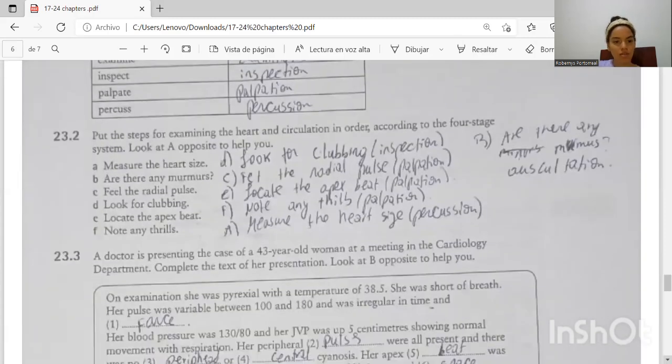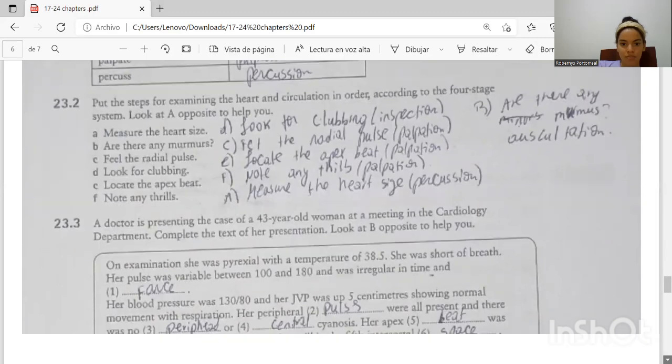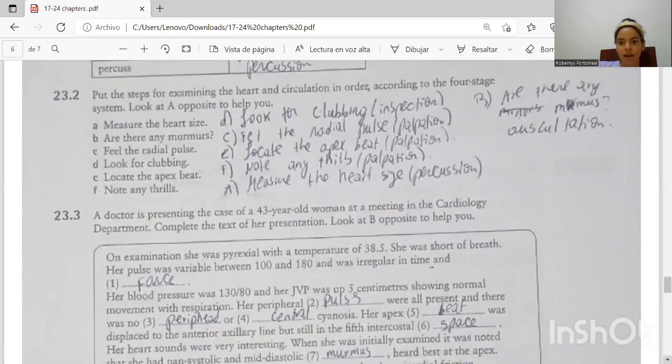Exercise 23.2. Put the steps for examining the heart and circulation in order according to the four-stage system. Look at A opposite to help you. A. Measure the heart size: percussion. B. Are there any murmurs?